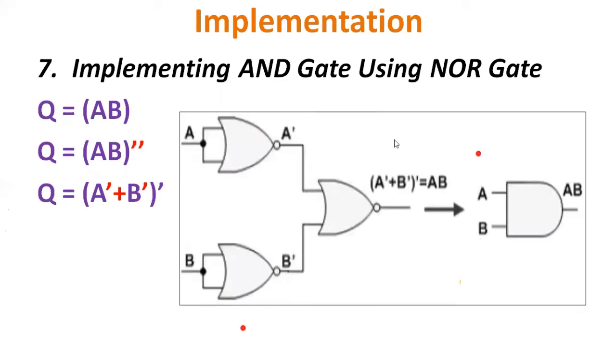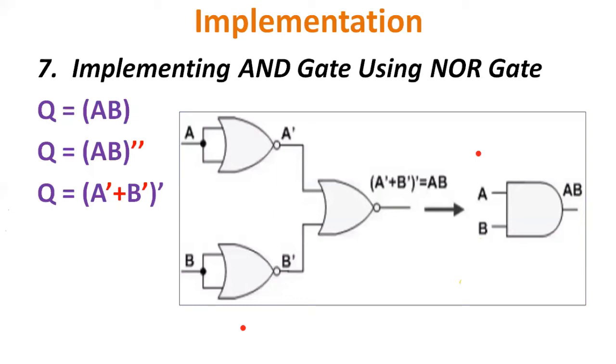So the implementation looks like this. Here you get a bar with a NOT gate, and here also a NOT gate for b bar. A bar and b bar are given to the third NOR gate, and here you get a dot b. So this is how you can have simple implementations using the universal gates, NAND gate and NOR gate.